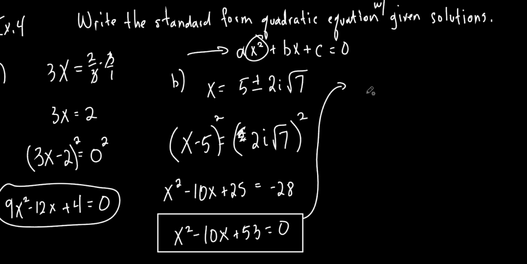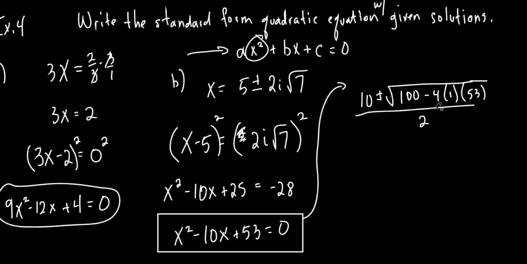So it's negative b, which is what? 10 plus or minus the square root of b squared, which is 100, right? 10 squared is 100, minus 4 times a, which is just 1, times c, which is 53, all right? And that's over 2a, or just 2 times 1.